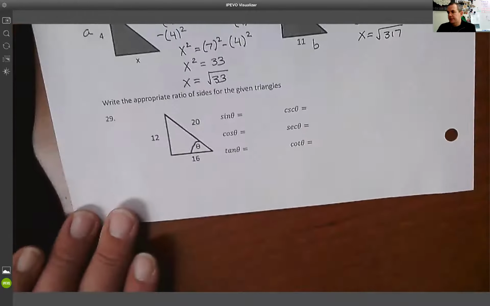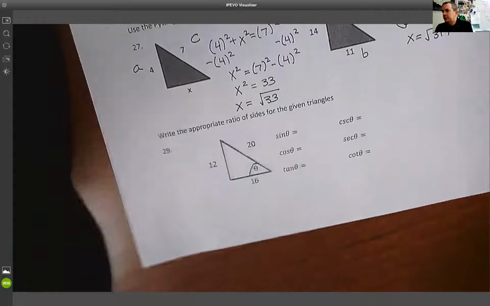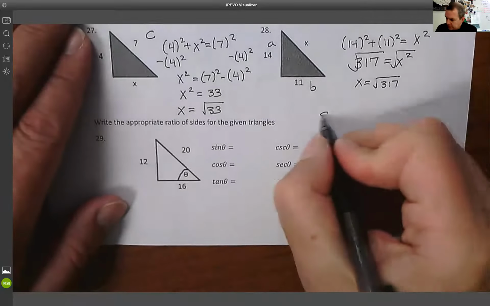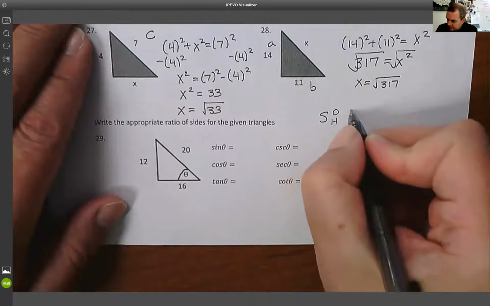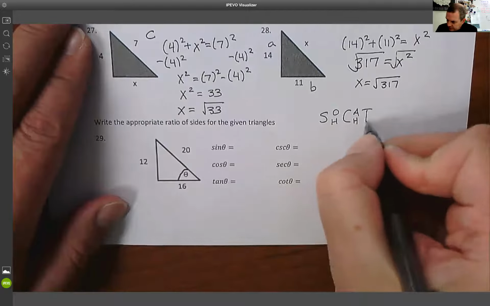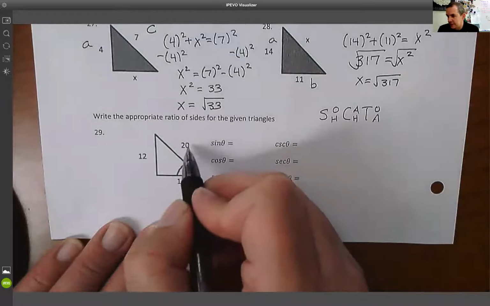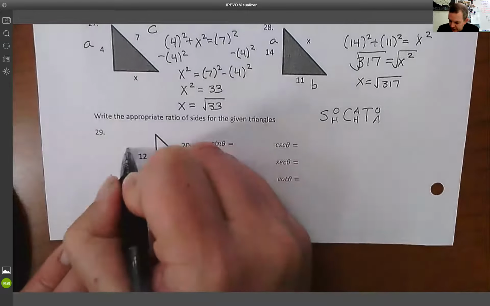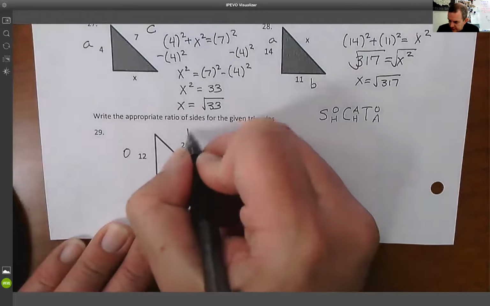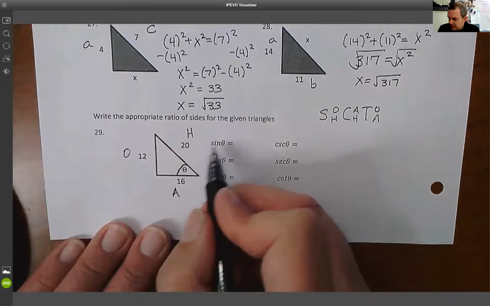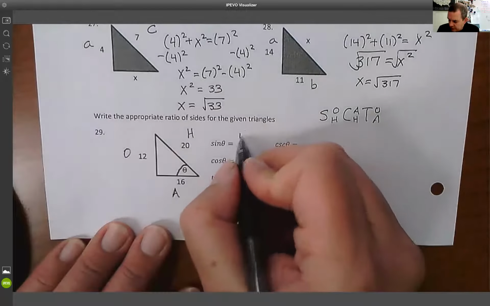And last but not least, this last one at the bottom is our SOHCAHTOA one. Sine is opposite over hypotenuse. So this is my opposite side. This is my adjacent side. This is my hypotenuse. So sine is opposite over hypotenuse, 12/20.